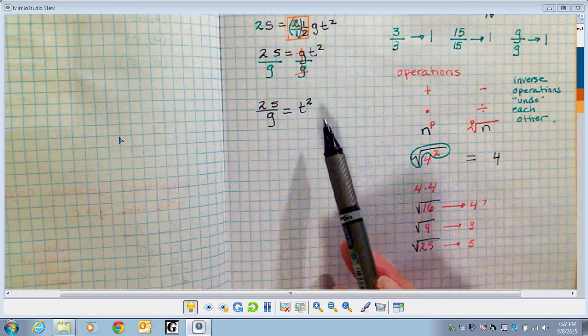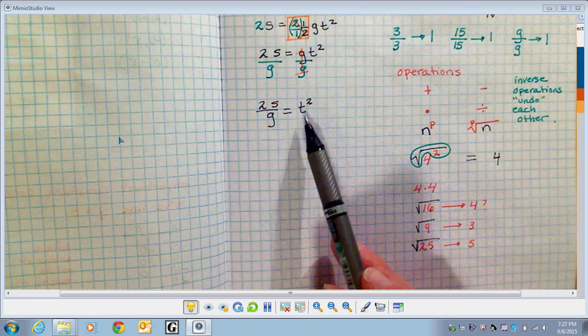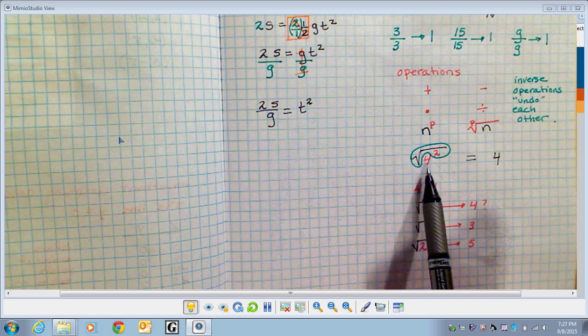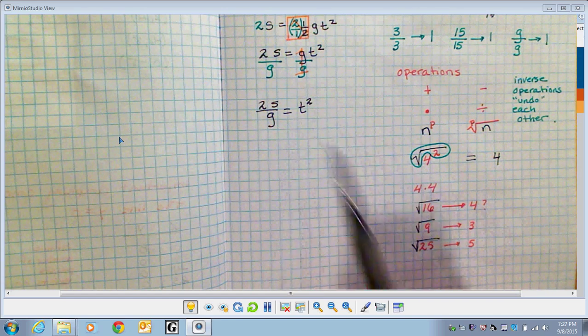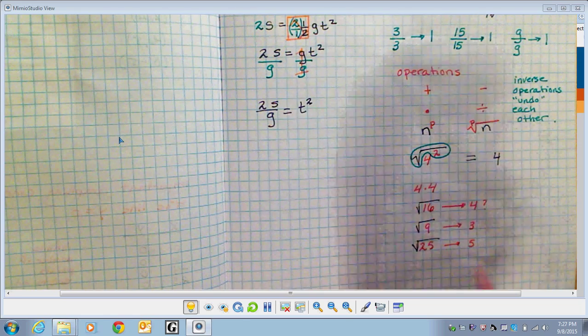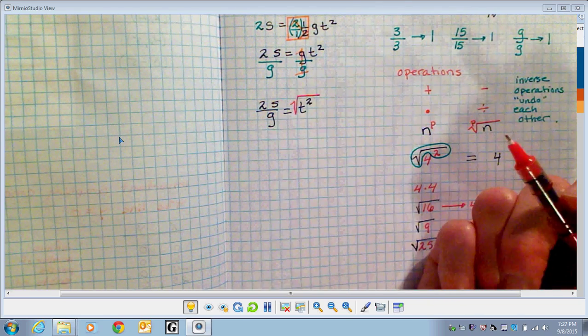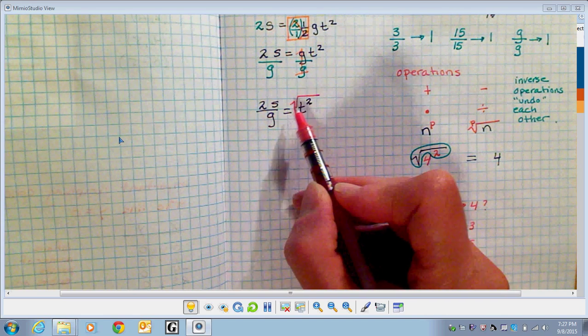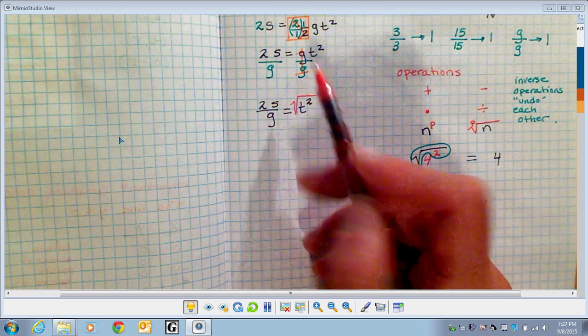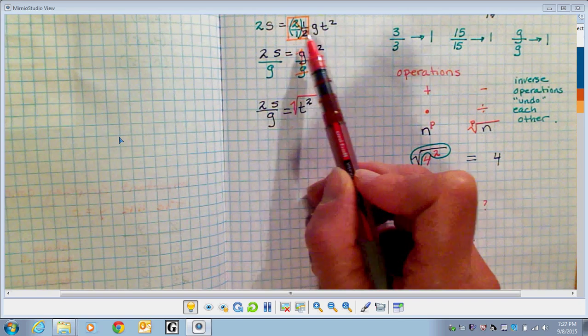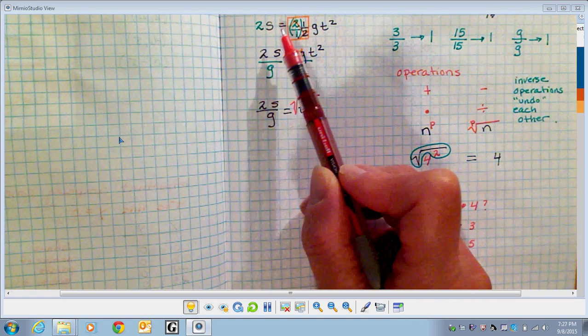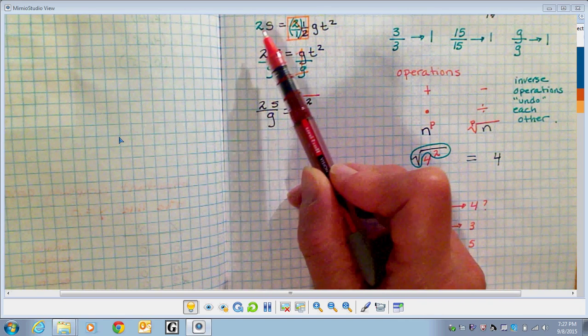So this is squared. So how do I get rid of a square? I showed you here. You have to take the square root. So I'm going to take the square root. And remember, I have to keep my equation balanced, right? So we talk about balancing. I multiplied everything on the right by 2, so I had to multiply everything on the left by 2.